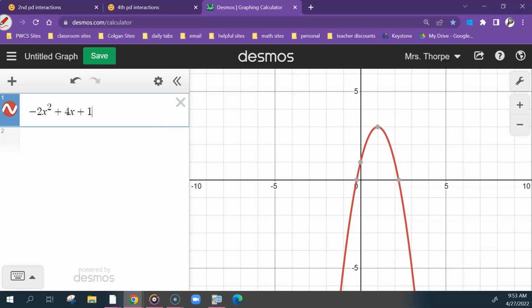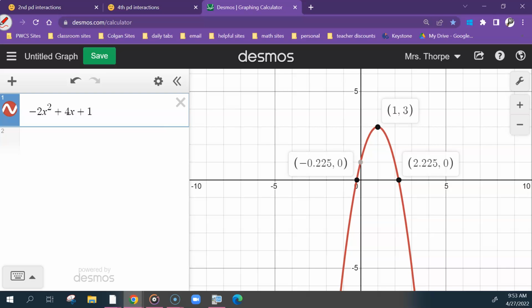When you type this in, it's going to give you certain points. It's going to give you any solutions that you have, your vertex, and your y-intercept. You don't need that, but it'll give it to you anyway. So without doing any work, it will give you those things.